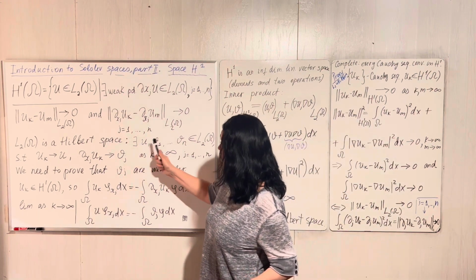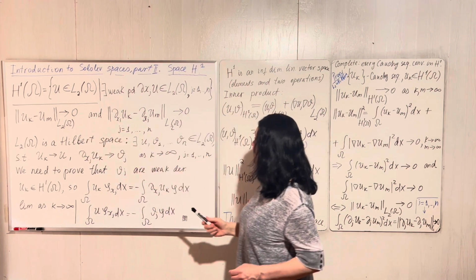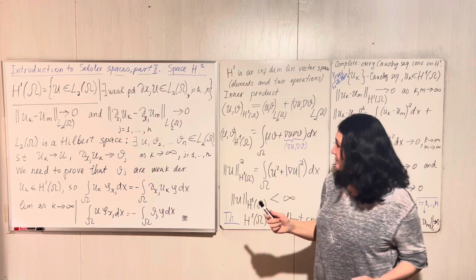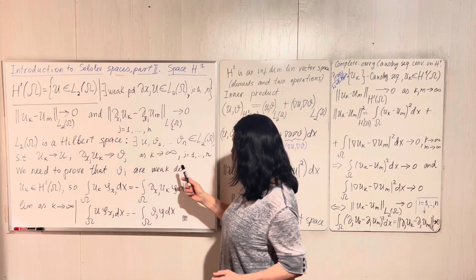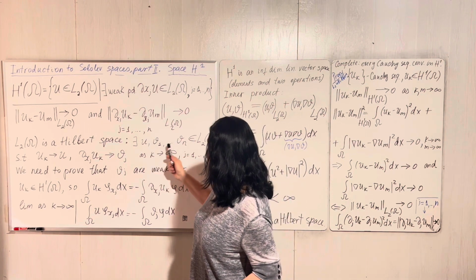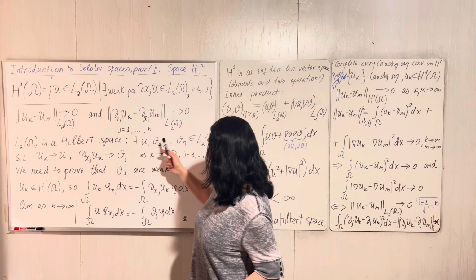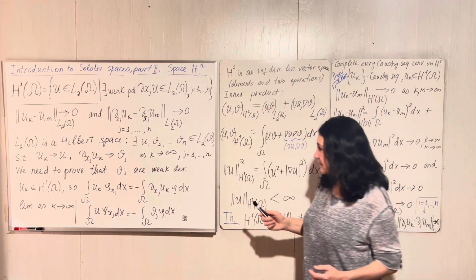So now we have n plus 1 convergent sequences, and what is left is to show that they are not just functions, but that these functions are derivatives of u, so they are all connected.